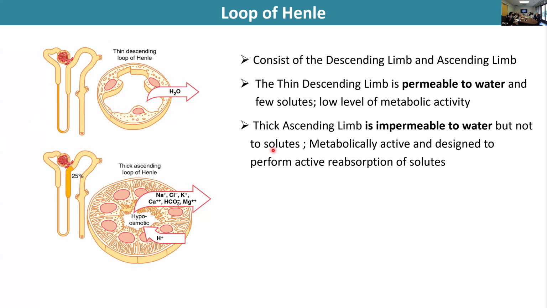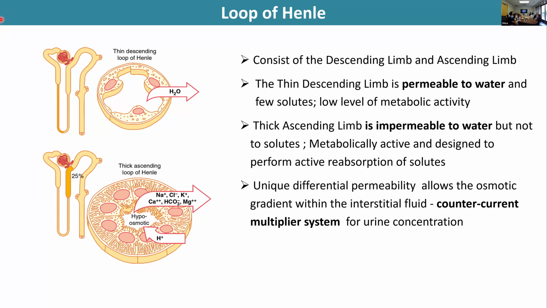Whereas it is permeable to solutes. So a lot of these solutes come out, and then the hydrogen also goes in for the acid-base balance. And this happens against the concentration gradient, so they have a lot of mitochondria.